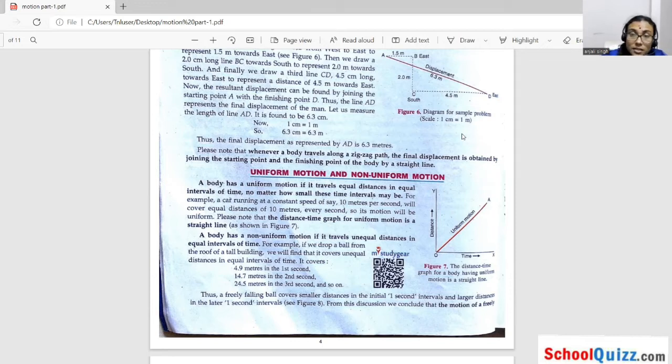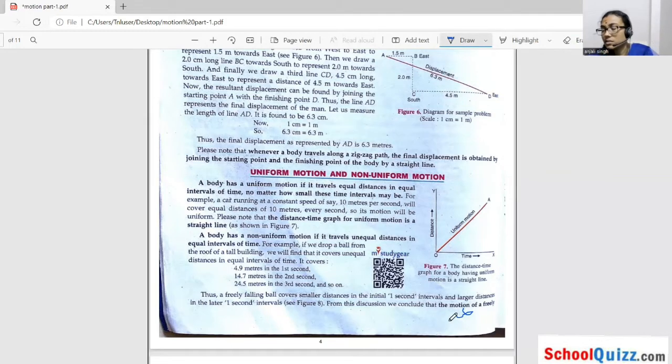I'll explain it here. When an object moves in a circle, you start from here and end there.